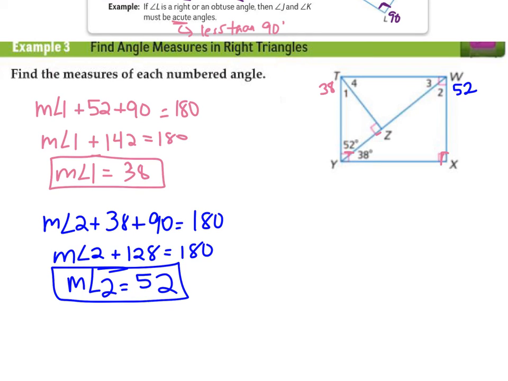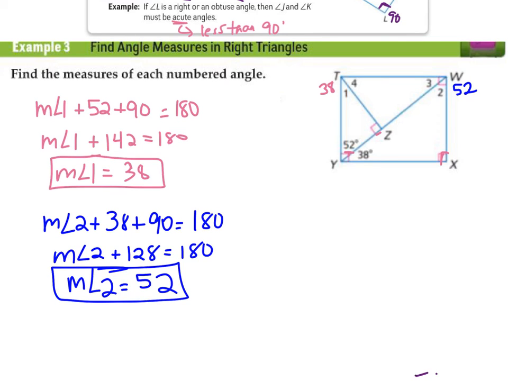Knowing what we can tell about angle W, so this whole corner right here, it's marked as a right angle, and we know that when two angles are adjacent, they add together. So these two adjacent angles sitting next to each other have to add together to give us 90. So we have to solve for angle 3.